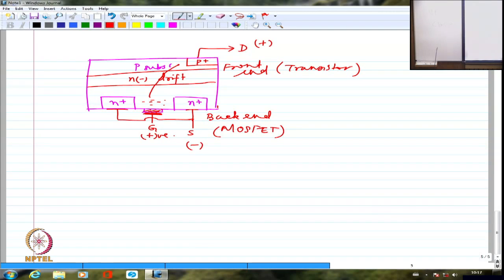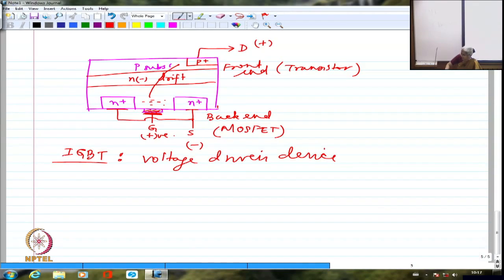So, generally IGBT is called a voltage driven device with a higher turn off time than the MOSFET.